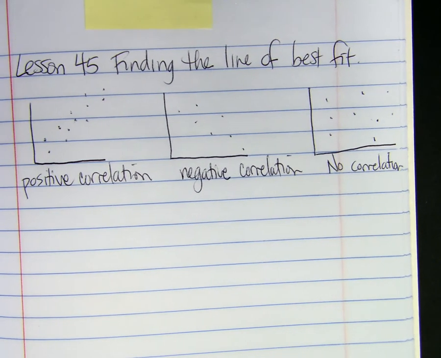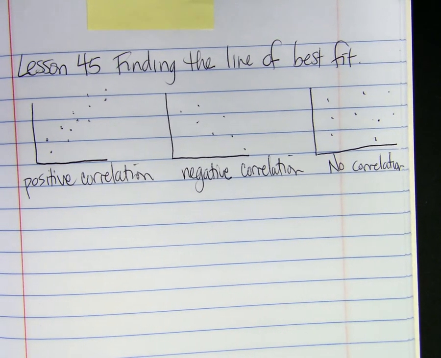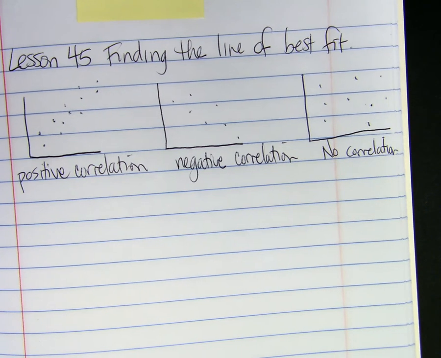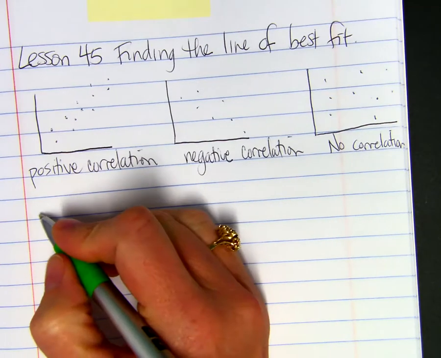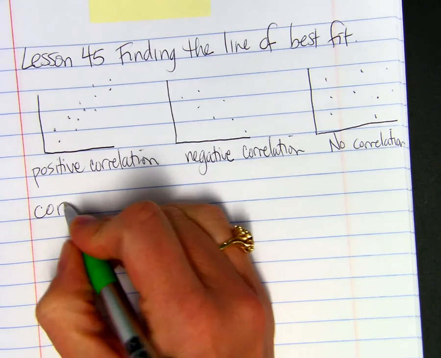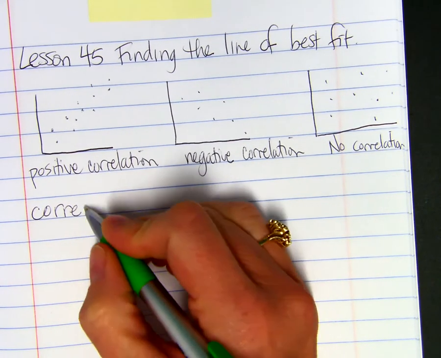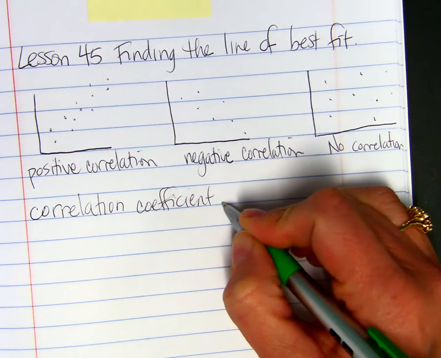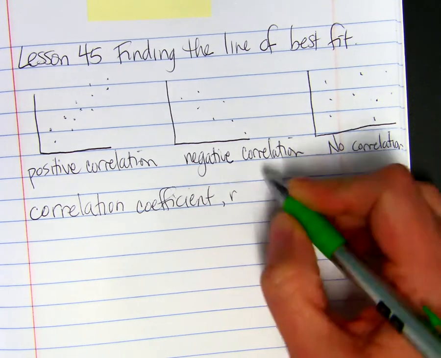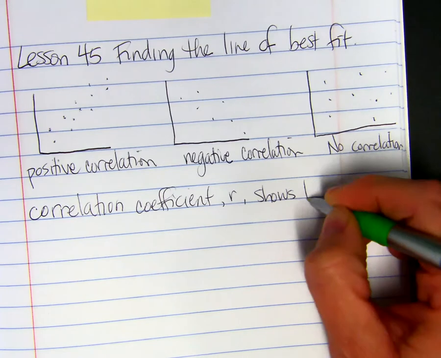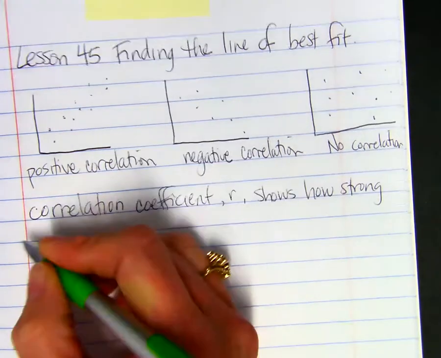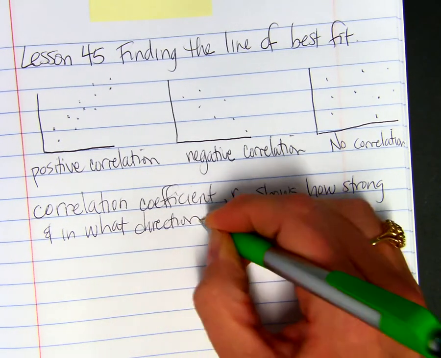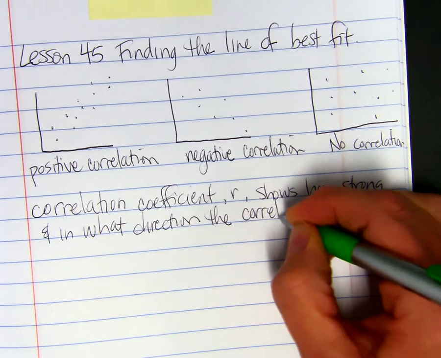There is what's called the correlation coefficient, and that just is a number that shows how strong the correlation is and the direction of the correlation. So the correlation coefficient, and we call that R, shows how strong and in what direction the correlation is.